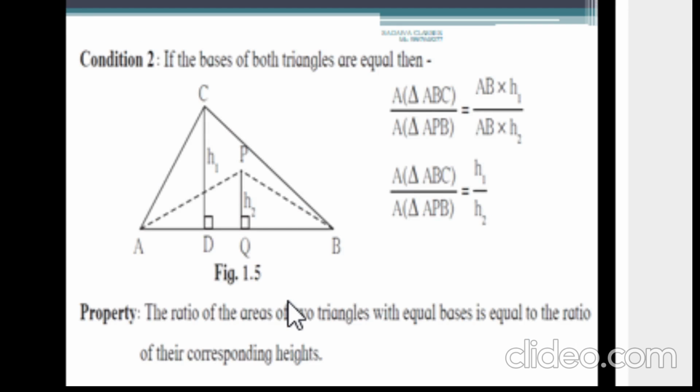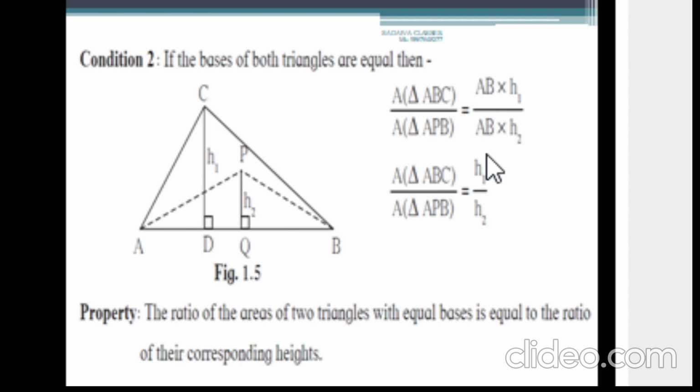Next, condition number 2, where the bases of both triangles are equal. Let's see, these are two triangles ABC and APB. Area of triangle ABC upon area of triangle APB is equal to AB into H1 upon AB into H2.